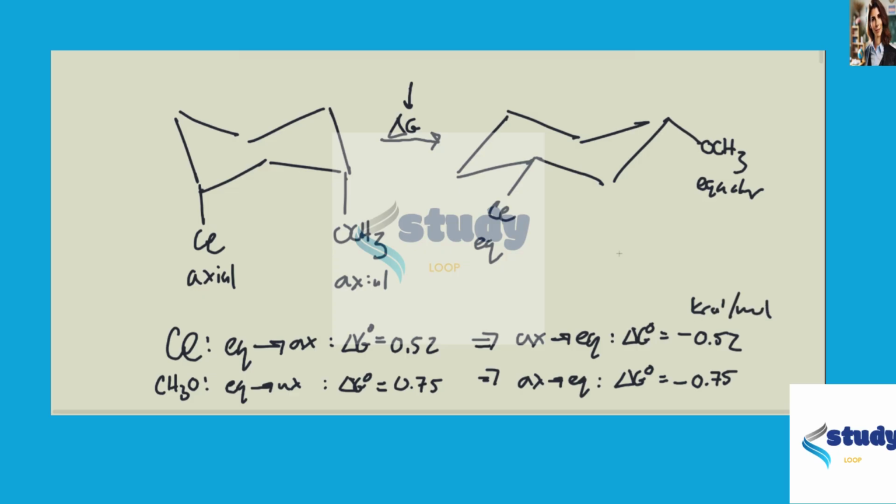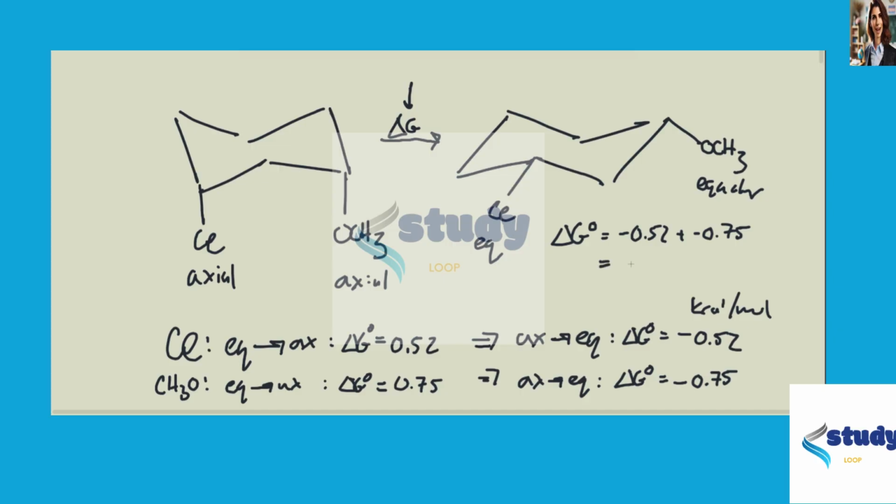Okay, great. So we've got one chlorine going from axial to equatorial. That's negative 0.52. And we've got one methoxy going from axial to equatorial, so plus negative 0.75.